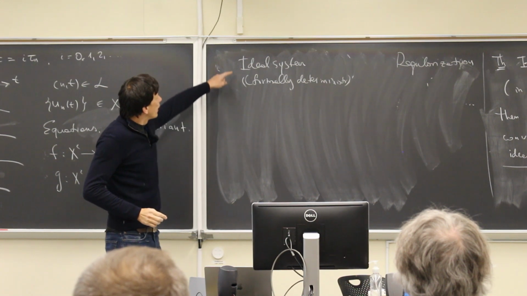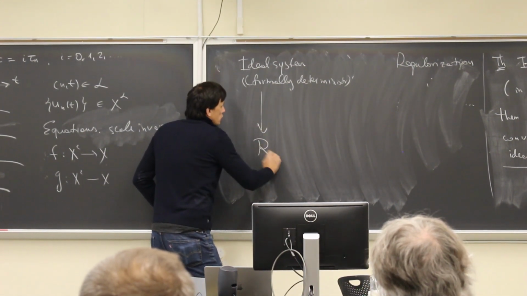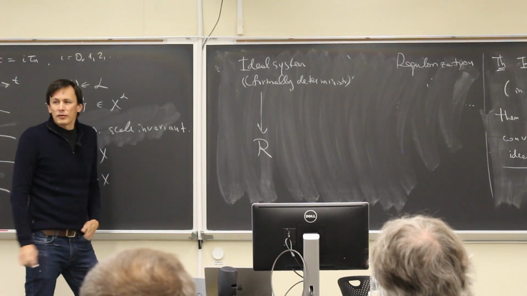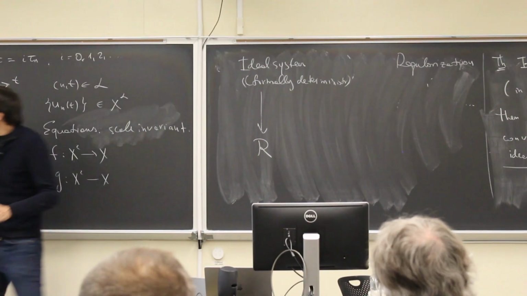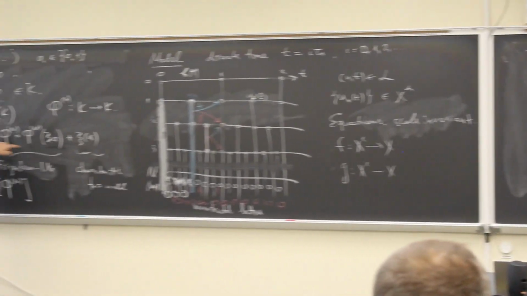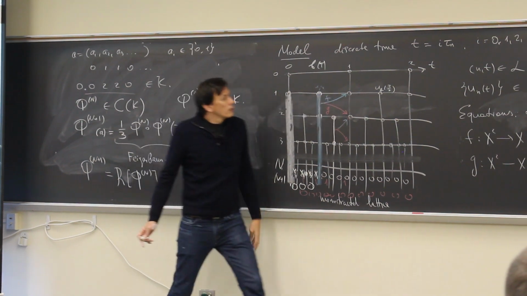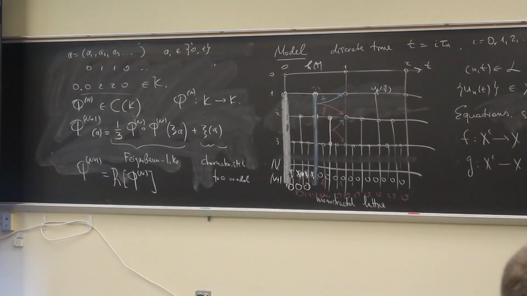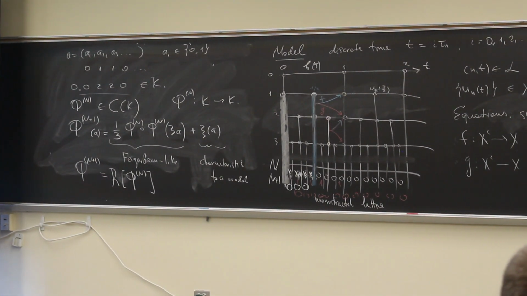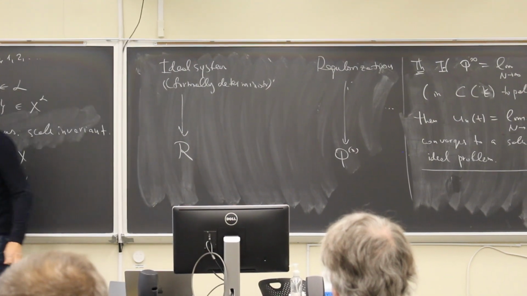Now, to every ideal system, we associate a renormalization group operator. This operator only knows the ideal part of the system, the interactions. So regularization gives us the initial condition. The way we regularize only affects the first map.